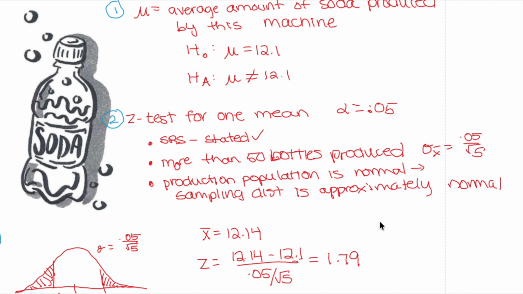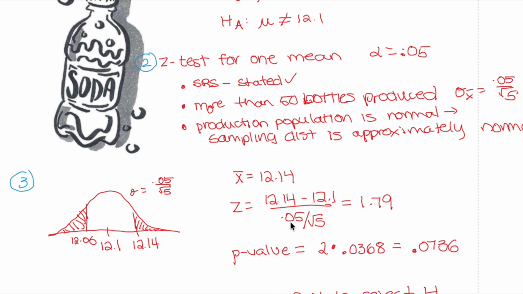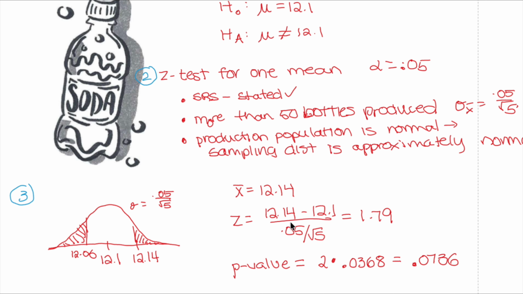Okay, the third part is going to be do, which is the mechanics, and calculate, and draw the normal curve right here. Use the mu, which is also the null hypothesis, as the mu of the normal curve. Also use the x bar 12.14. So 12.14 is going to be to the right of the mu, but look at the range, the difference from 12.14 to 12.1, which is going to be 0.13, right?